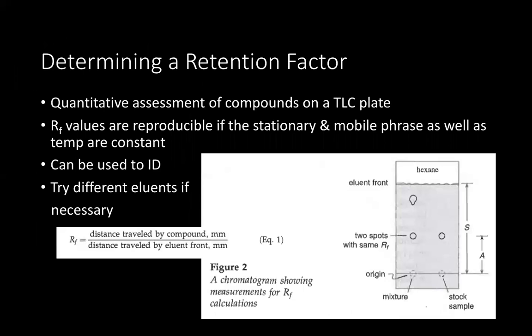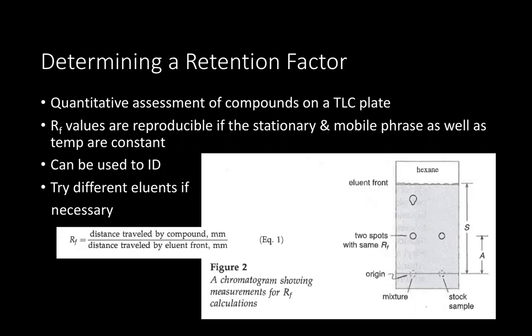So there are two ways to assess your TLC plate. The first one we'll talk about is quantitative assessment, and that's through determining something called a retention factor. Your retention factor, or RF, values are reproducible if your stationary and mobile phases, as well as the temperature your TLC plate is run at, are consistent.